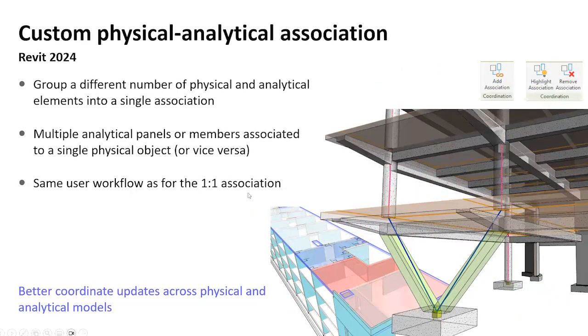Now, when we're doing loads, obviously we would have to work with the analytical model. So the analytical model is sometimes different than the physical structural model. And what we're seeing here is better functionality to go ahead and modify the analytical properties of the members. And once we do that, we can copy these from element to element so that we could simplify the association between analytical and model.